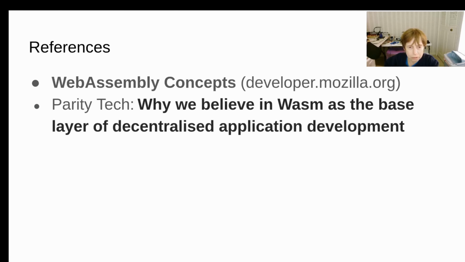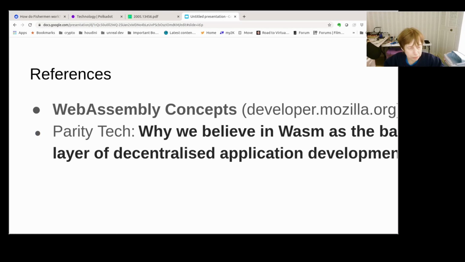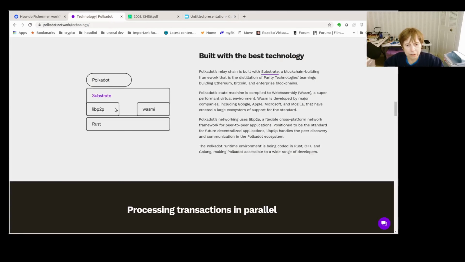My references were the WebAssembly concepts, where they go into great detail, at developer.mozilla.org, and Parity Tech's article, Why We Believe Wasm Is the Base Layer of Decentralized Application Development. So this is your introduction to Wasm, and this is where it fits in with the Polkadot infrastructure.